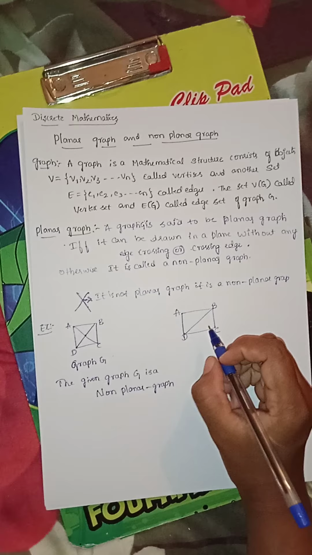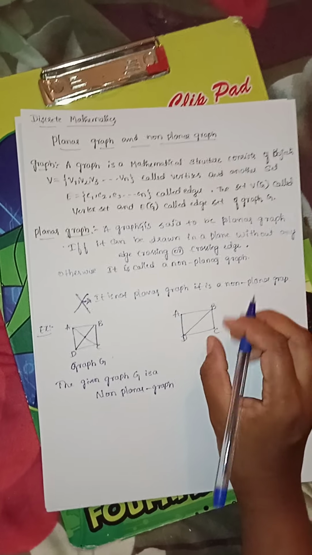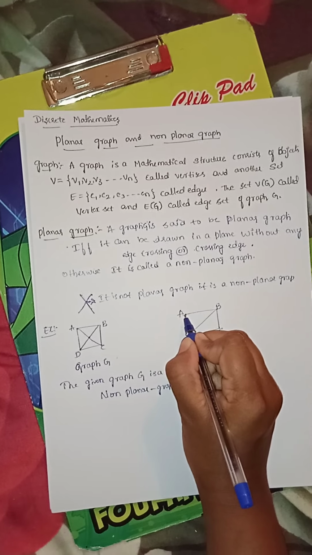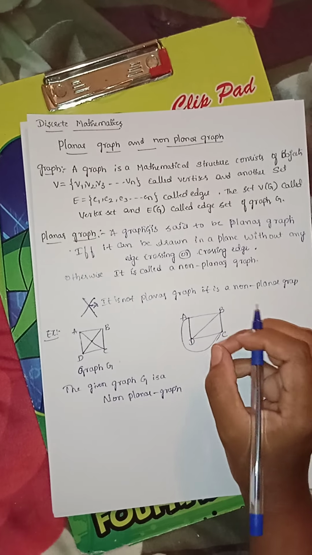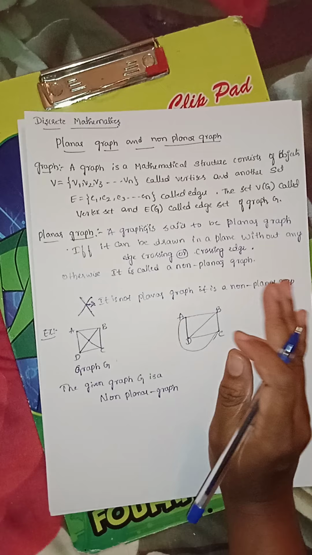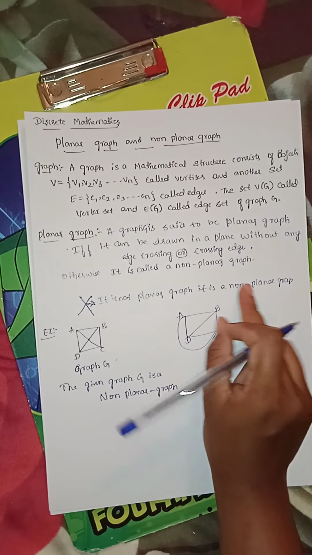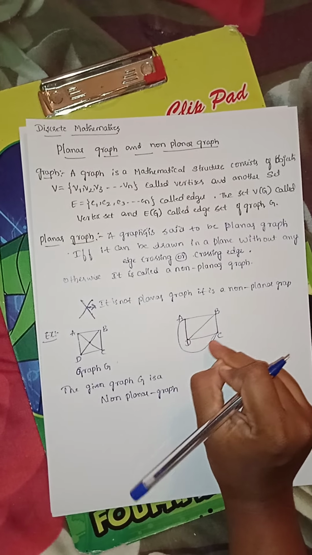So now we connect A to C like this, and there is no edge crossing. Now this graph is called a planar graph.